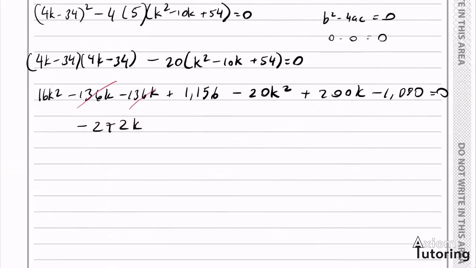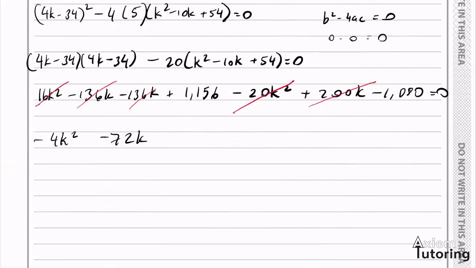So in fact, this becomes minus 72k. And then here with our k squared term, we have 16k squared minus 20k squared. So that becomes minus 4k squared. Minus 4k squared minus 72k. So we're just collecting like terms and simplifying everything.